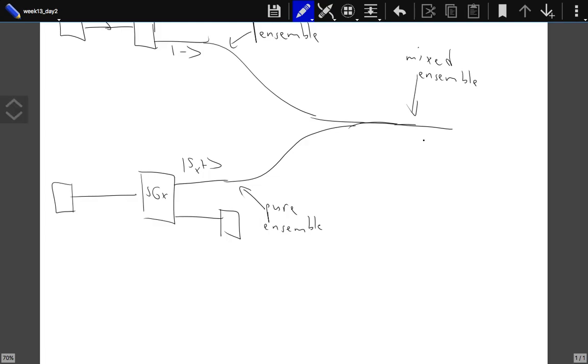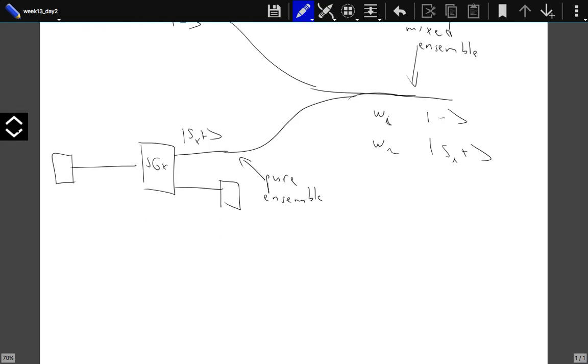So basically, let's say in this mixed ensemble, a fraction omega 1 of them is in the Sz minus state, and a fraction omega 2 of them will be in the Sx plus ket. Let's say it might be 50%, 50%, or 20%, 80%. These omega i just tell me the weight of the relevant pure ket.